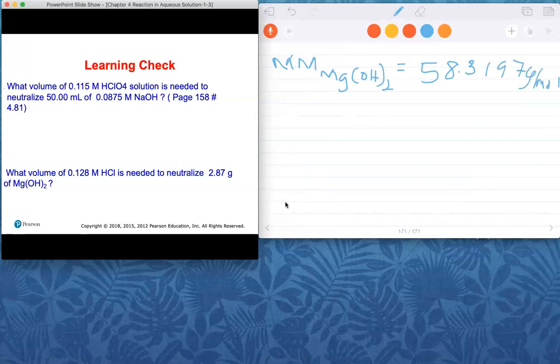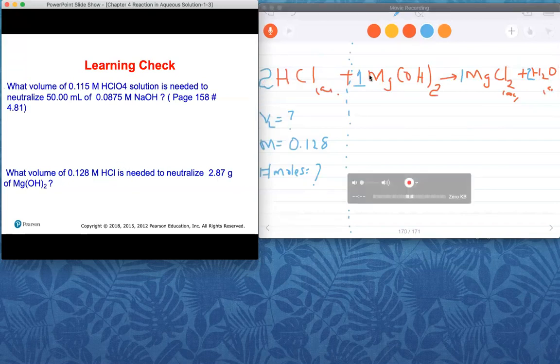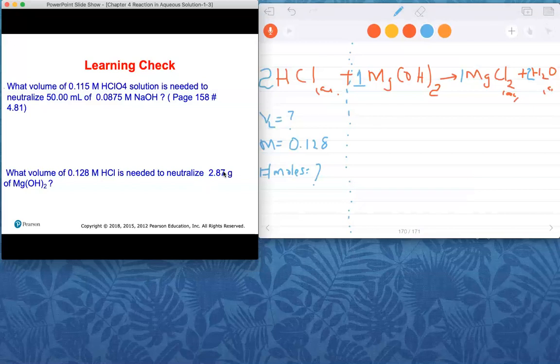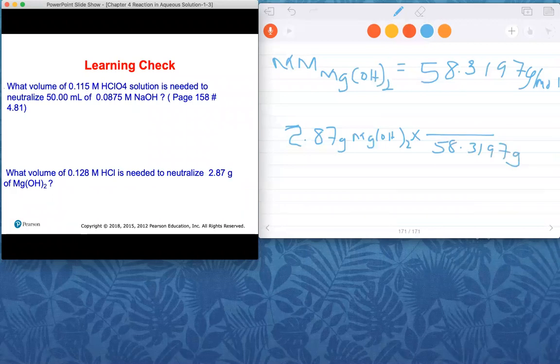The reason I'm asking this is that I want to change the mass to moles because of the mole ratio. You relate these moles to moles. Therefore, we need to change this to moles by dividing by the molar mass. So 2.87 grams of magnesium hydroxide times the molar mass as a conversion factor, 58.3197 grams to 1 mole.